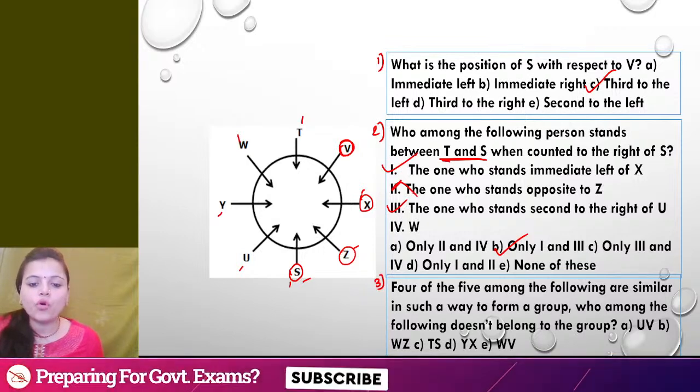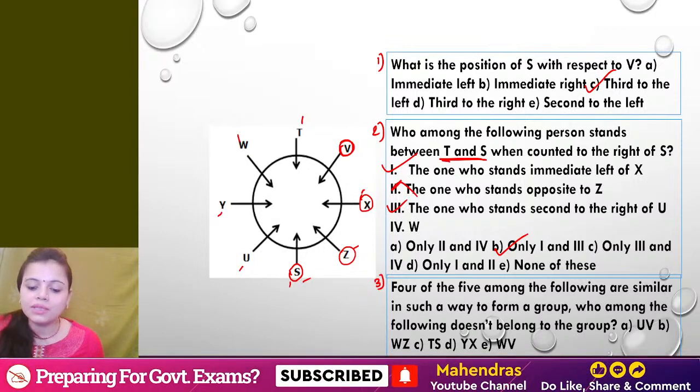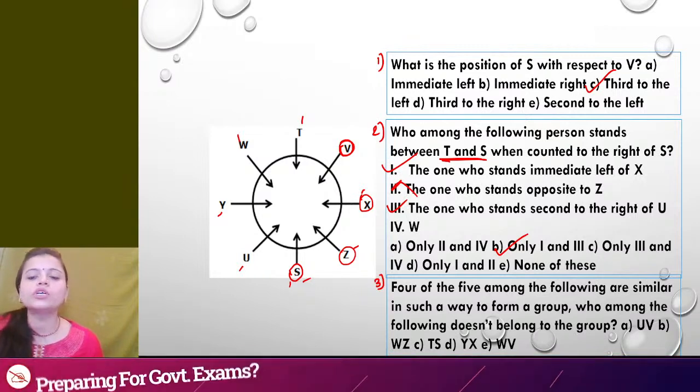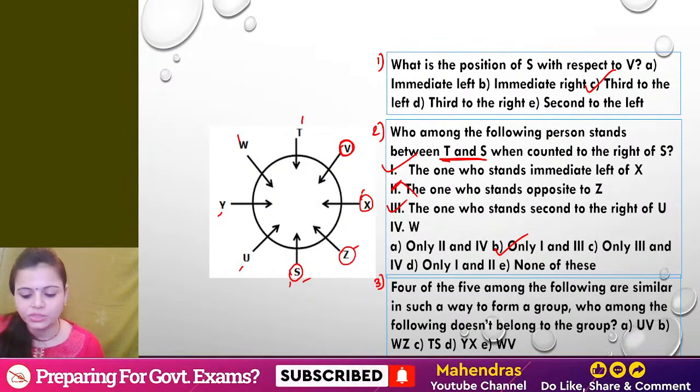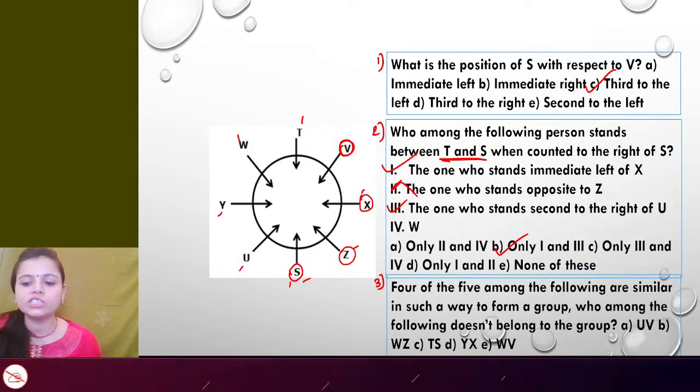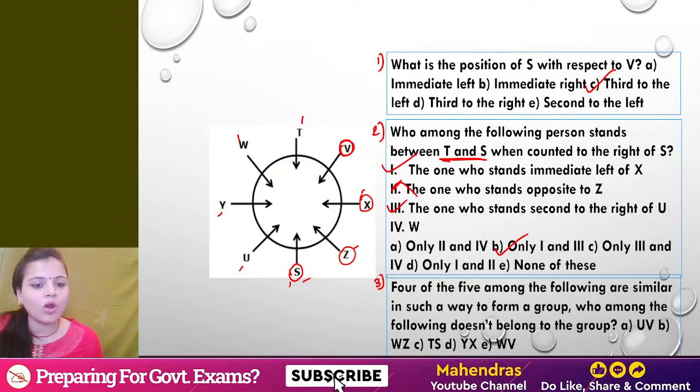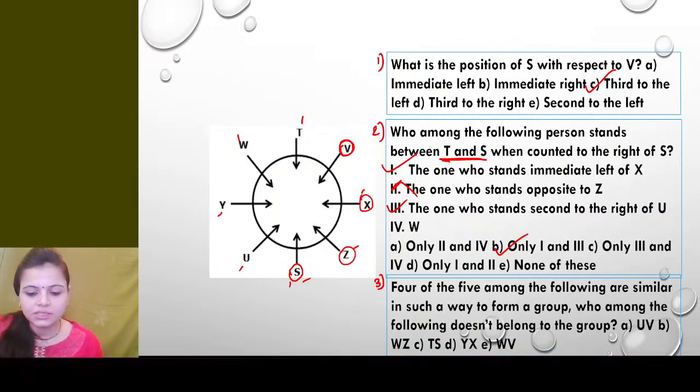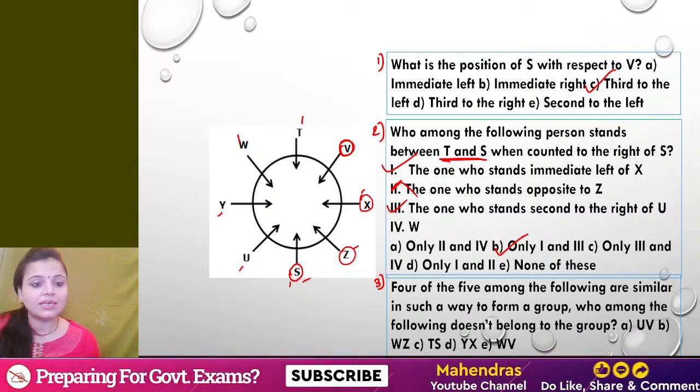Next, four of the five among the following are similar in such a way to form a group. That means you have to choose the odd one out from the options. So which is odd? UV, they are opposite. WZ, again they are opposite. TS, yes, they are also opposite.